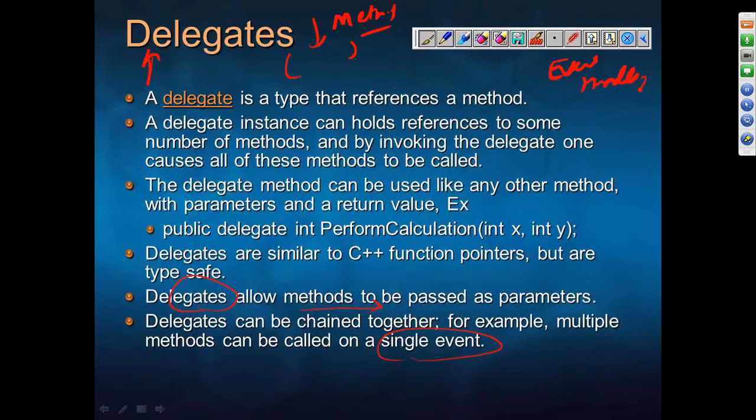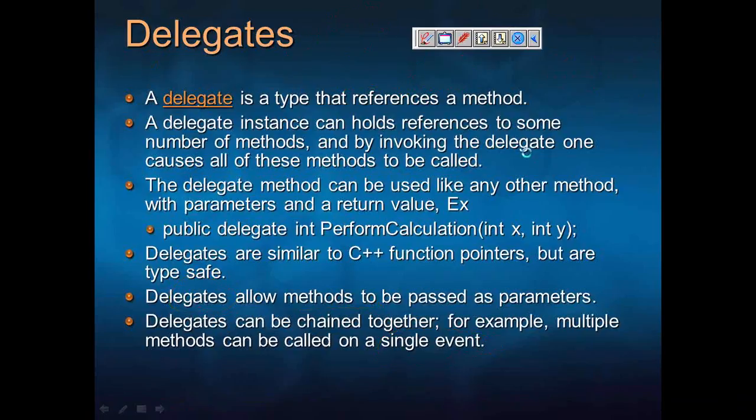As I gave you the example, D is holding references to M1, M2, and M3. So when I invoke D, it is calling all three methods. So basically, on a single event, multiple methods or handlers are being called. This is also called a multicast delegate. Now, where can we specify a delegate?